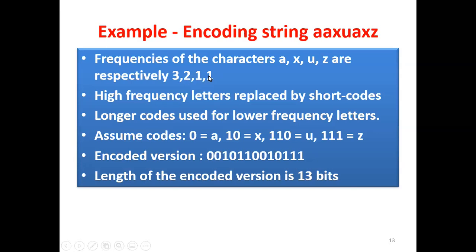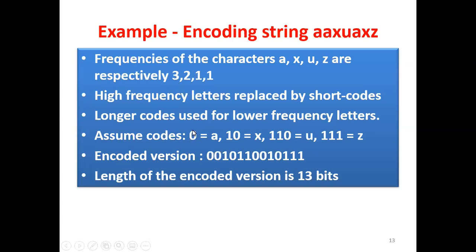U occurred once, and Z occurred once. So these are the frequencies. Then we have to find the one with the higher frequency. The highest frequency is A, so we're going to represent it with the shortest code word.